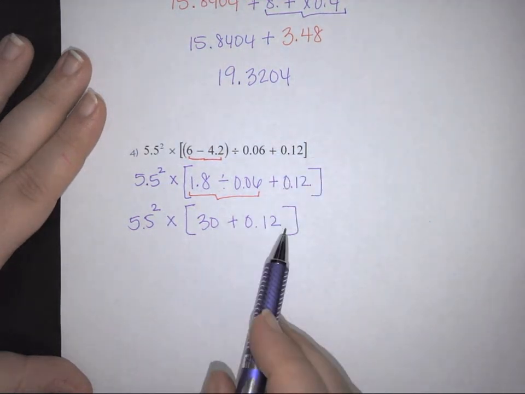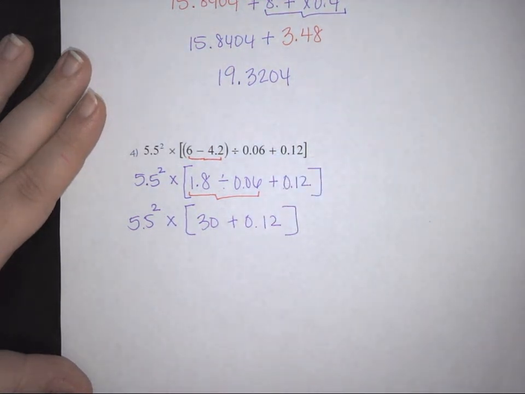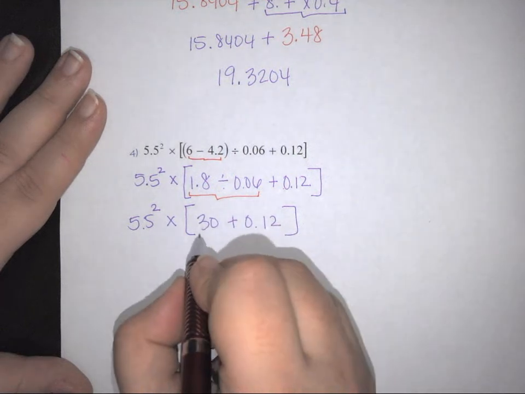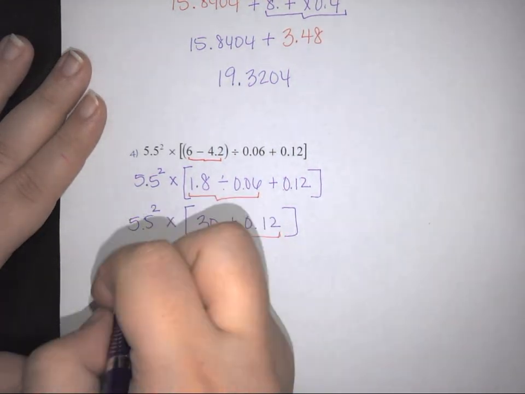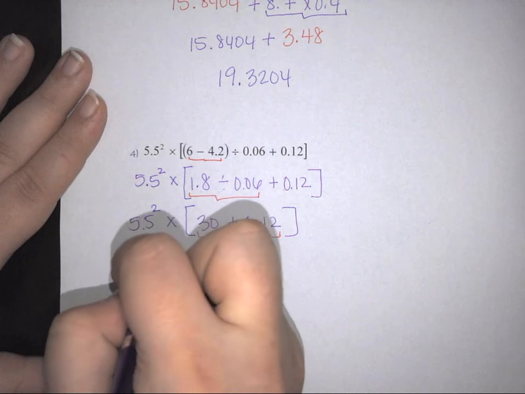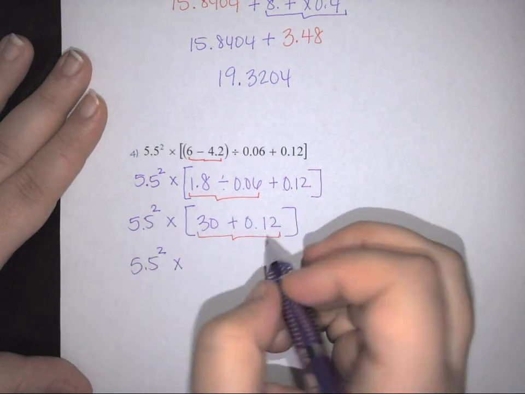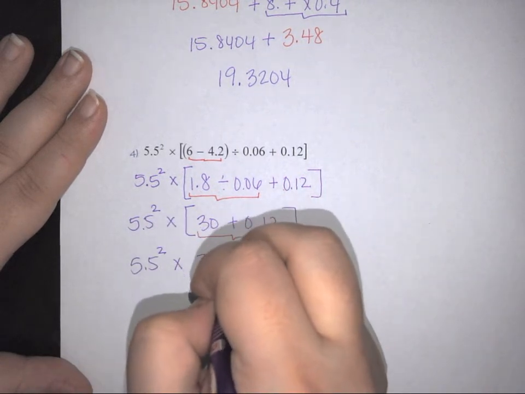I still have a parenthesis, so I still have to work inside it. The only thing left to do is to combine these two terms. So now I'm going to have 5.5 squared times 30.12.